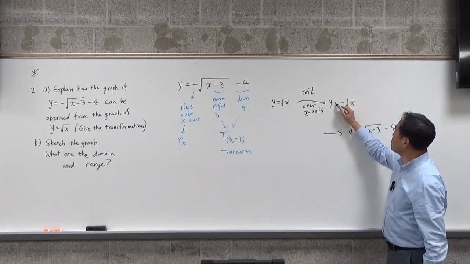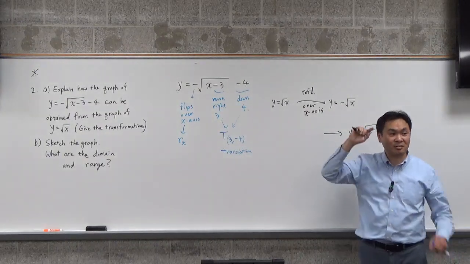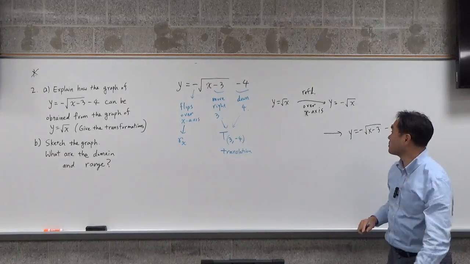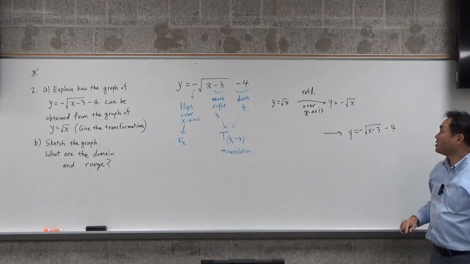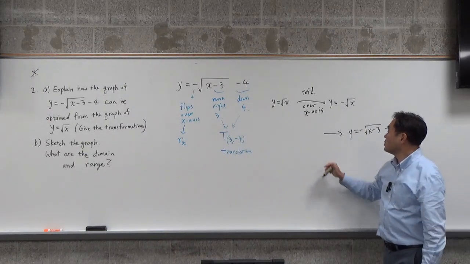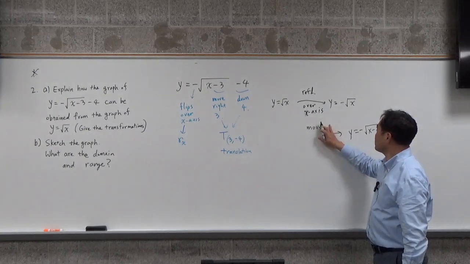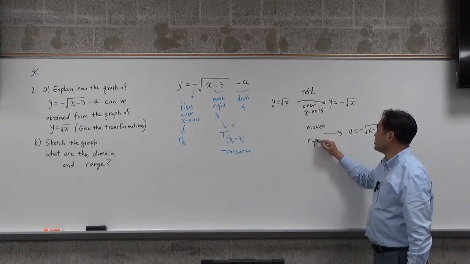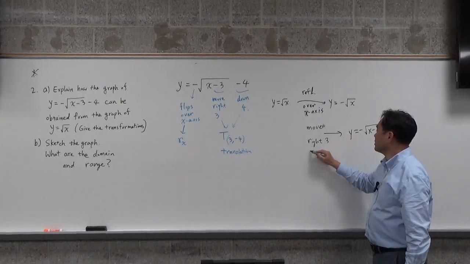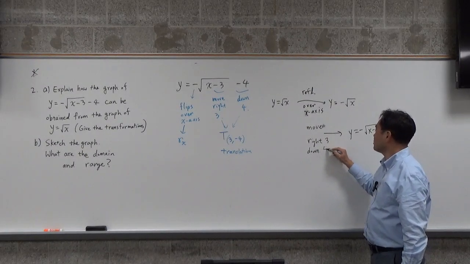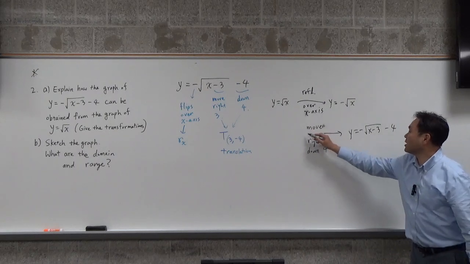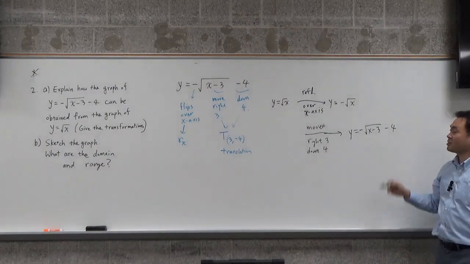That's how you reflect over the x-axis. The entire thing reflects. Okay, and now you move right 3, down 4, and that movement gives you this, and that's the answer.